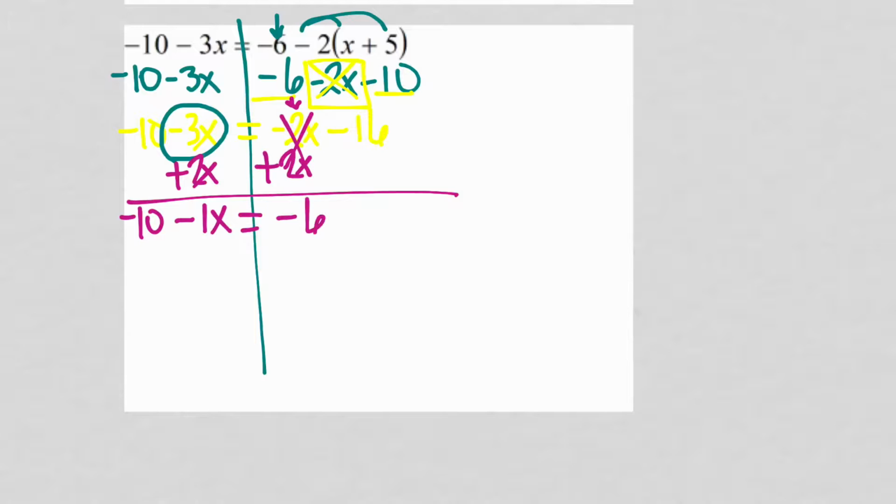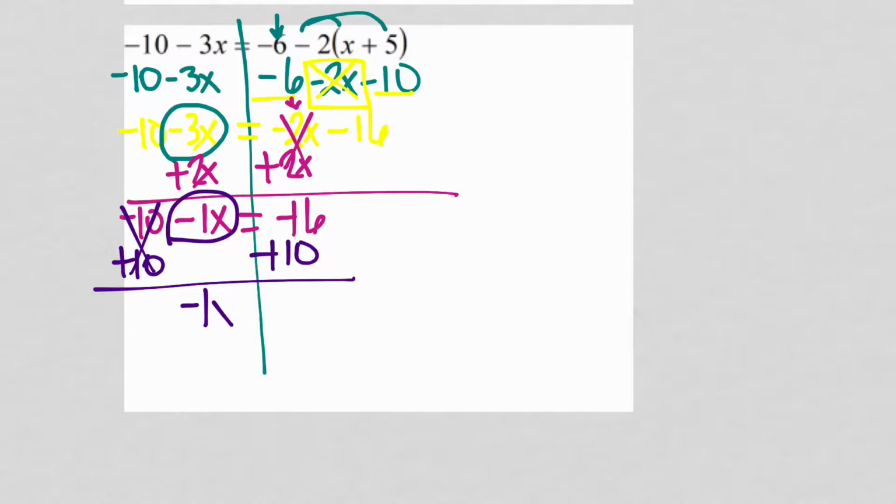And I bring down the 16. Circling what I'm solving for. Negative 10 has to move. I do so by adding 10 to both sides. Negative 10 plus 10 is 0, so I bring down my negative 1x. Negative 16 plus 10 is a negative 6.